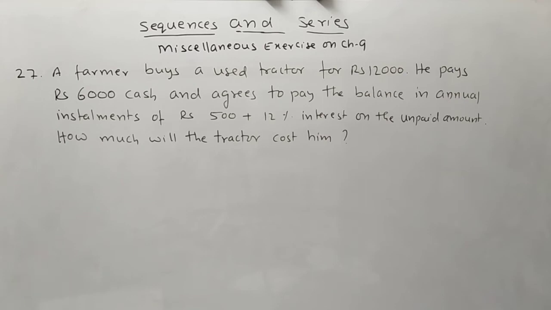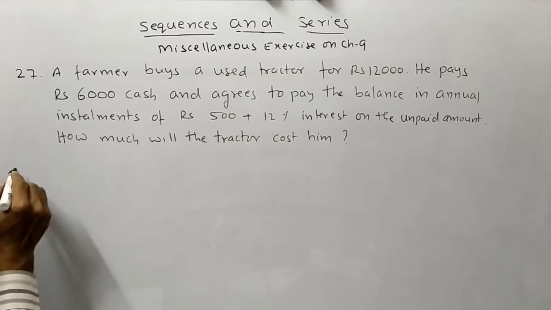Question number 27. A farmer buys a used tractor for rupees 12,000. He pays rupees 6,000 cash and agrees to pay the balance in annual installments of rupees 500 plus 12% interest on the unpaid amount. How much will the tractor cost him? Solution.